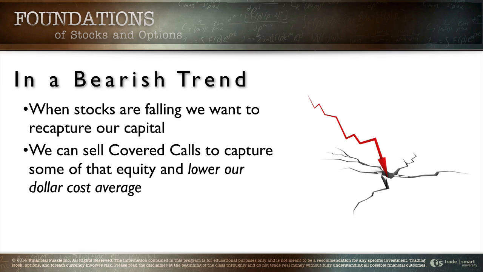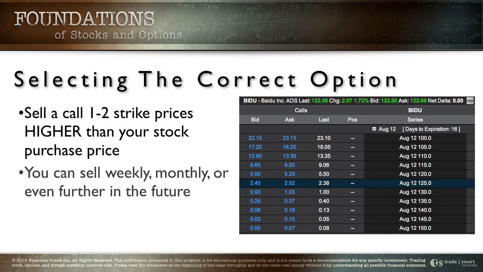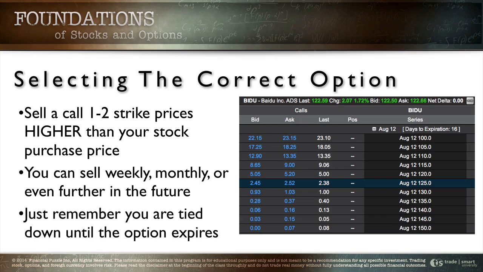Now, let me give you a formula for how you can implement this. Somebody asked earlier, I forget if it was Anthony or who it was, but here's the formula. Sell a call option one or two strike prices higher than your stock purchase price. If you do that, you're not going to lose money on the stock.